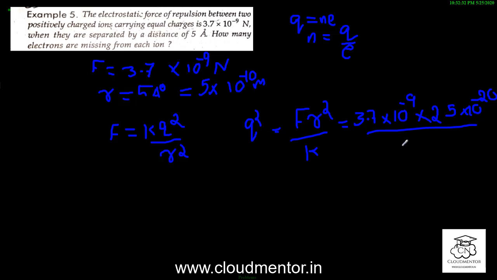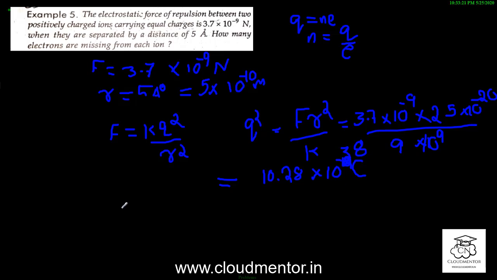The value of k is 9 × 10^9. Doing the calculation, we get Q² equal to 10.28 × 10^-38 Coulomb².